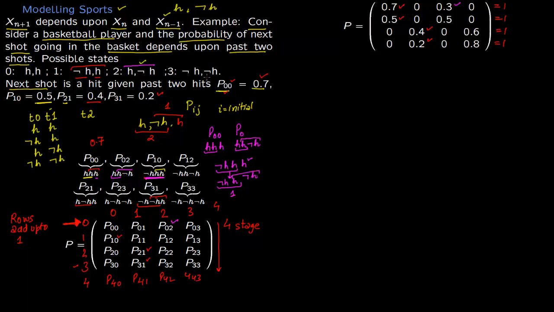H not H is again 2. So you have this right here, not H, H, not H. So P12. P12 is right here. P12 is 0.5, 1 minus 0.5 as the complement.